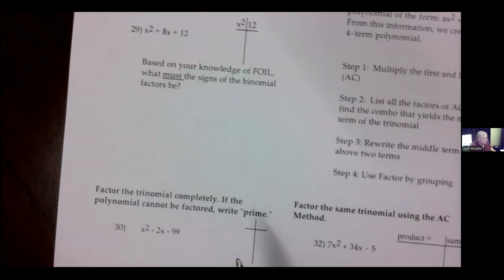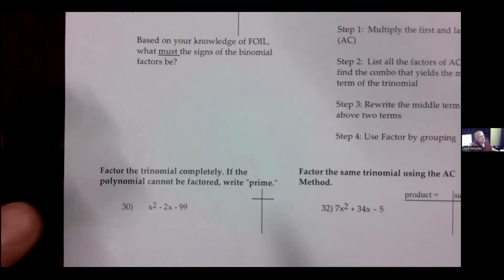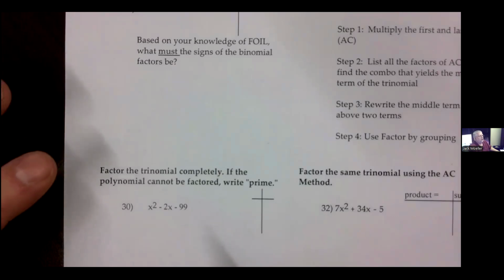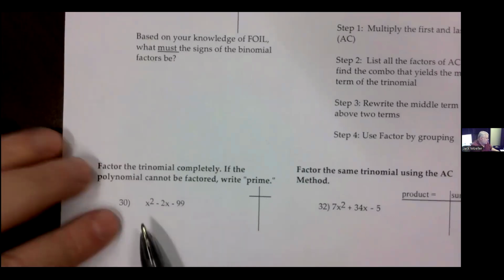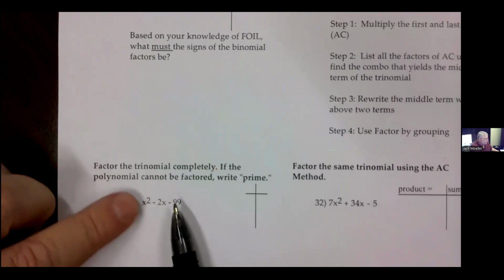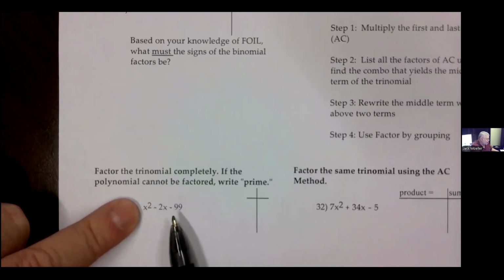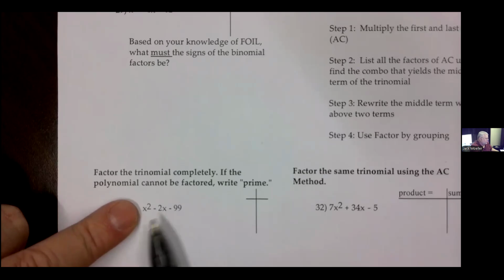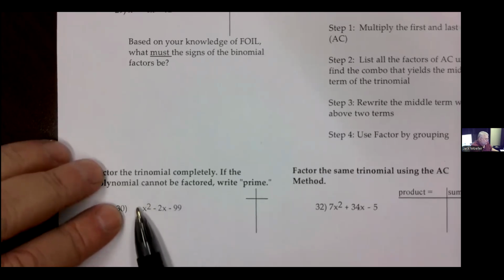The reason that these tend to be more straightforward is that if there's a 1 in front of that x squared, you're basically saying what multiplies to give me that constant that's going to add or subtract to give me the middle term. So a 1 in front of the x squared makes our life much simpler.